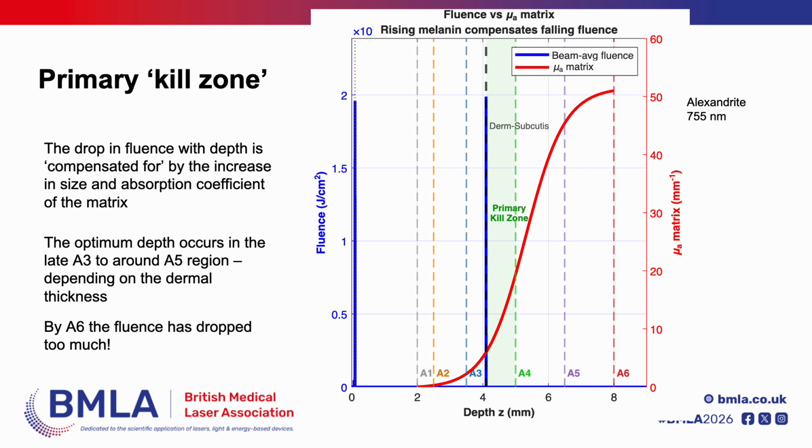We also have to consider that by the time you get down to that thickness, the dermal papilla is essentially encased within the subcutis tissue, the fatty tissue, and the subcutis has quite a different set of optical parameters compared to the dermis. It scatters many more times than the dermis does.